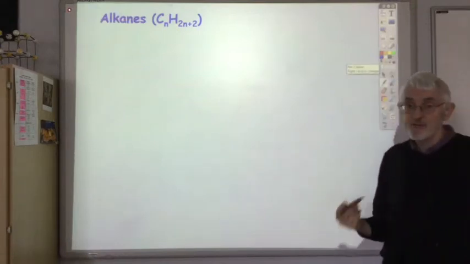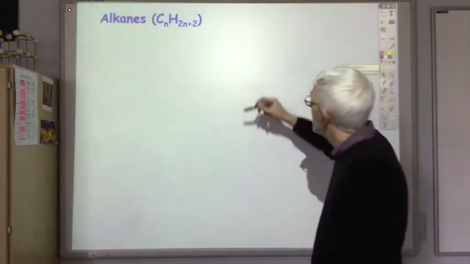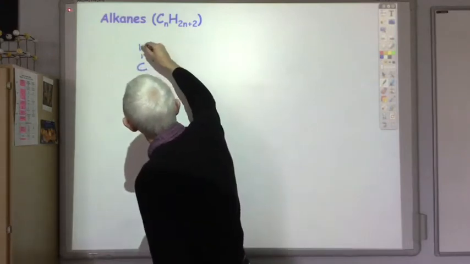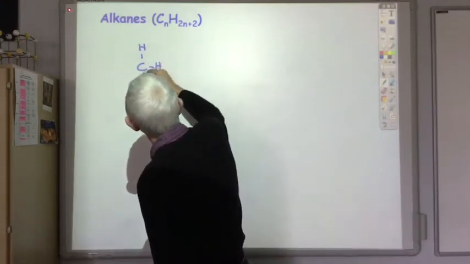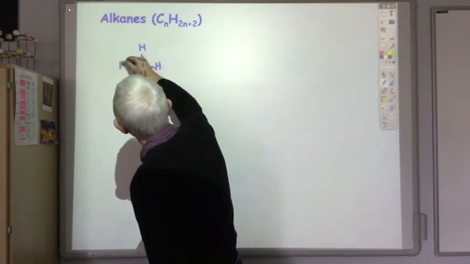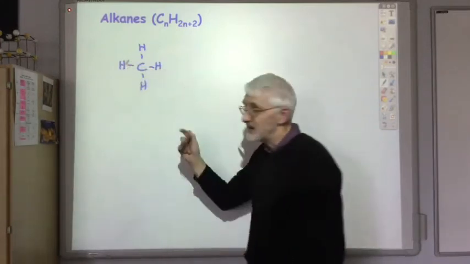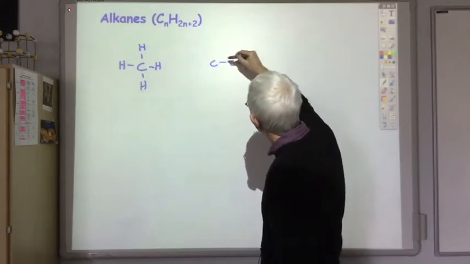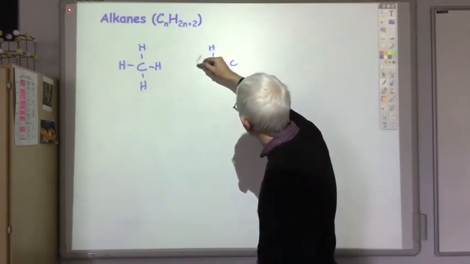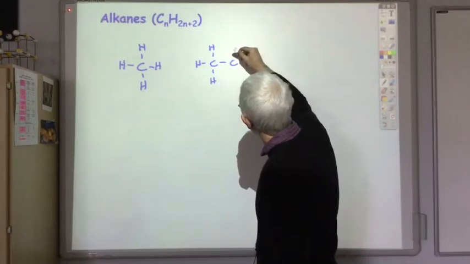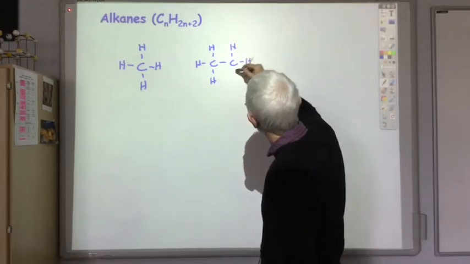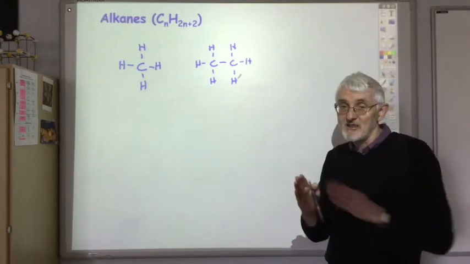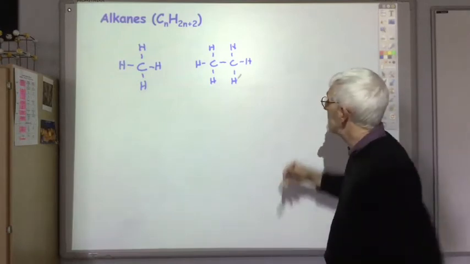Well, the first member of the alkanes, the simplest alkane, contains one carbon, and every carbon always forms 4 bonds, and that's methane. The next member contains 2 carbons, and the simpler alkanes are just increasingly longer chains of carbon atoms.